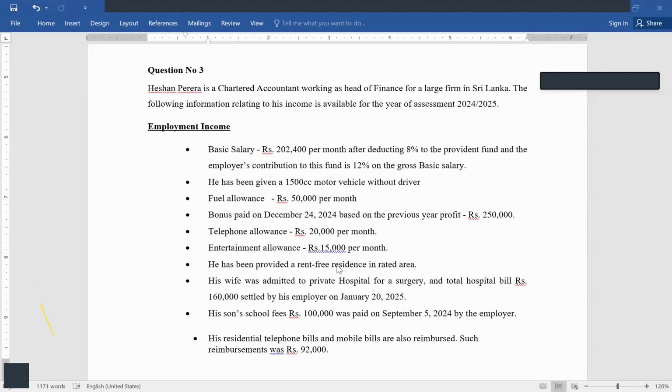What is the residence benefit? What is the amount?